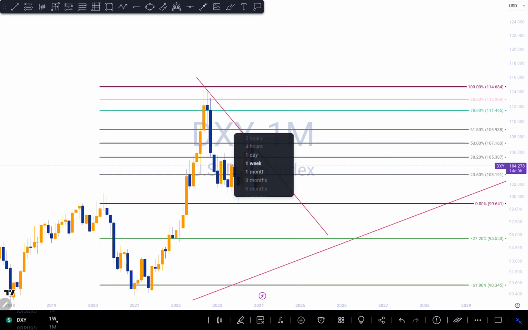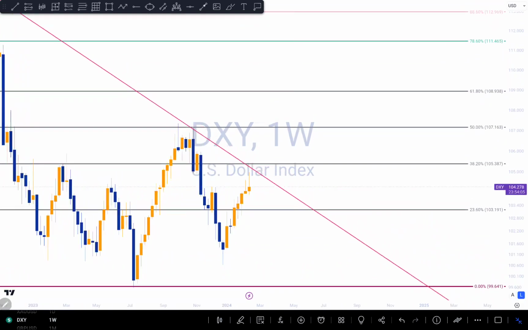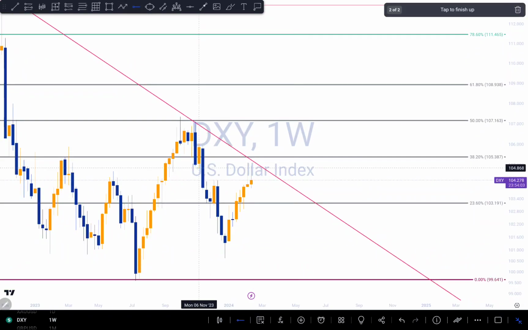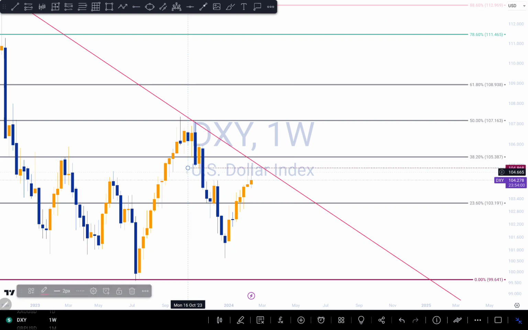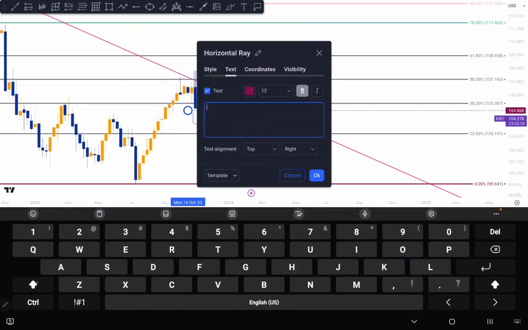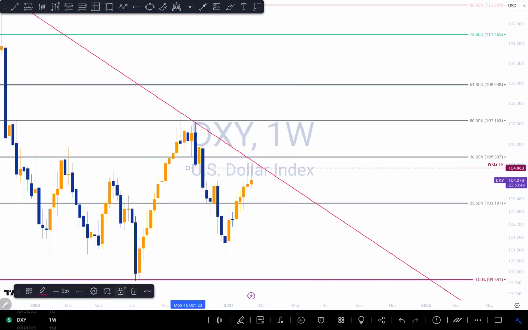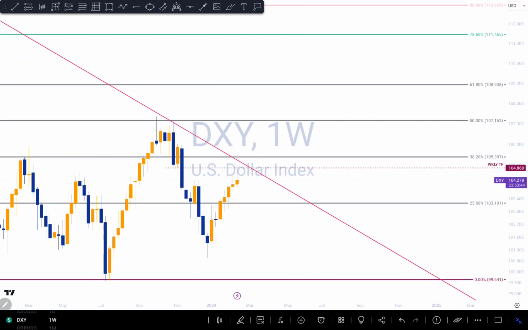So now let's see the weekly time frame, and let's see that we can do this right here just to see that there is this sort of an imbalance around this area right here. Let's do weekly imbalance, weekly time frame, so just to know where that is actually coming from. So we can see that we currently touch this weekly imbalance right here.